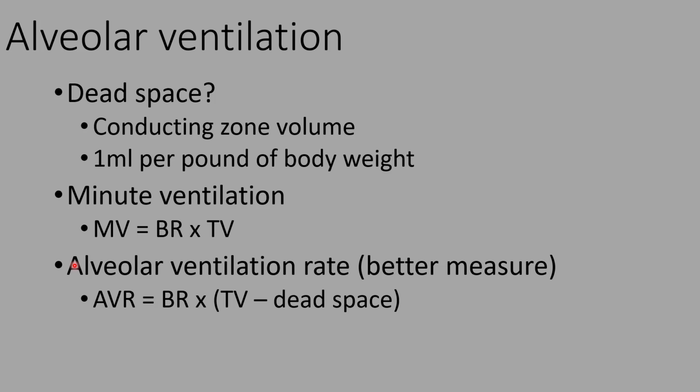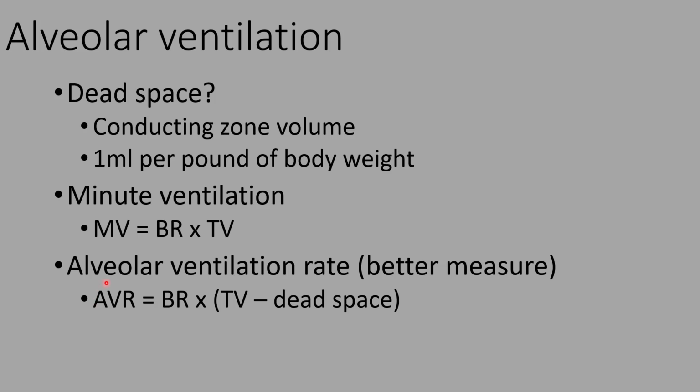But really the more important or the better measure is something called alveolar ventilation rate. This is looking at how much air that you breathe in actually gets to the parts of the lungs involved in gas exchange, down deep into those alveoli.